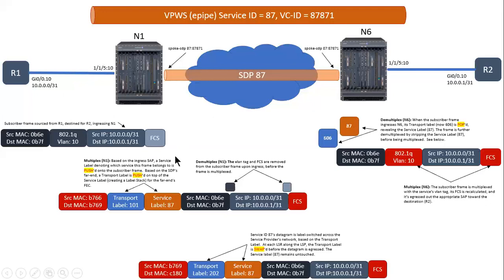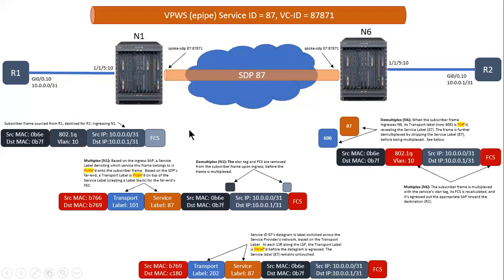And again, going back to our LDP video, we're going to assume that traffic is flowing from R1 to R2 in this particular example. So we've got our packet from R1, and it's got the source MAC address of our interface and the destination MAC address of our directly connected switch. But more importantly, it's got our VLAN tag of 10 and our source and destination IPs.